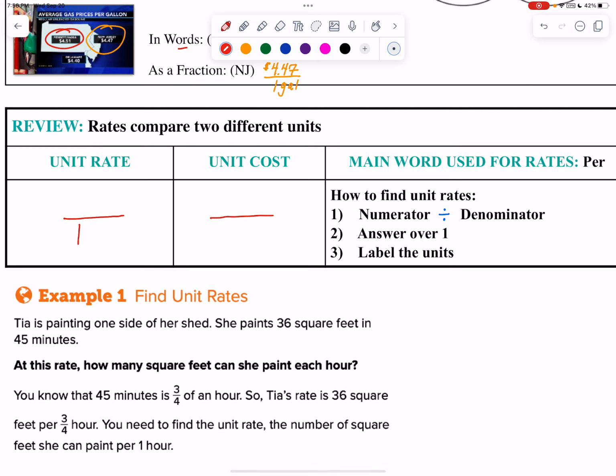Unit cost is the same idea, but it's going to be dealing with money. So when we're talking about unit rates with cost, you just need to make sure that the money is on top. So that would be something like $5 per 1, and maybe it's a gallon, an ounce, or something like that. So any of those things, a price per ticket, a price per gallon, price per ounce, those are unit costs. Either way, just remember that unit means over 1.